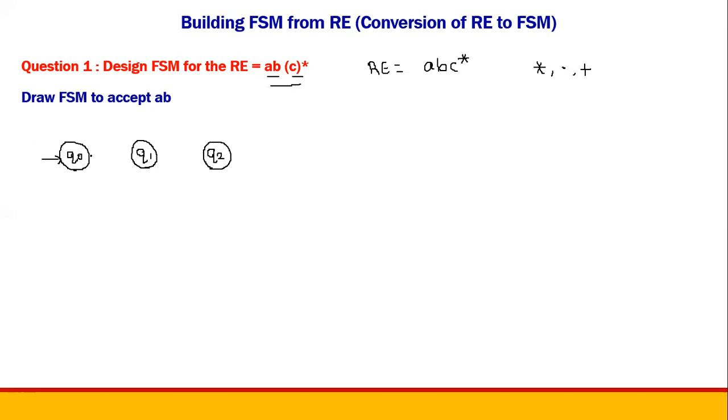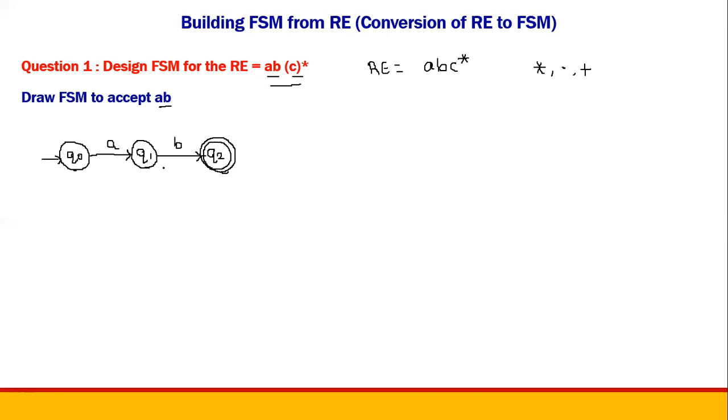The machine reads A, and after A it should be followed by B, so it will reach the state Q2. Let me take this as the final state only for this expression AB. So this is the equivalent FSM for the expression AB.